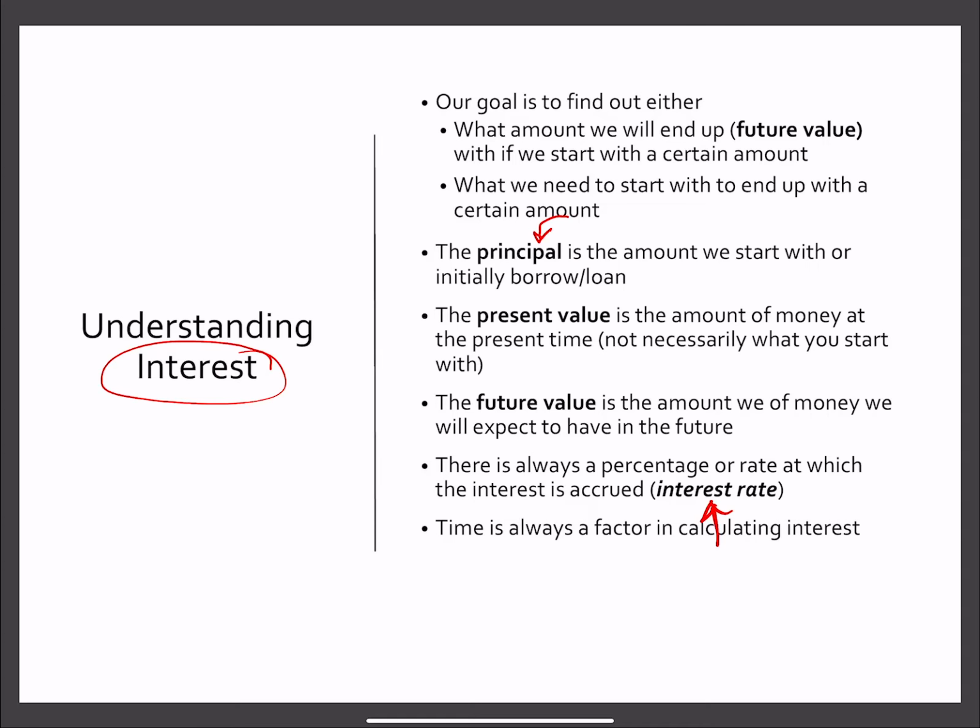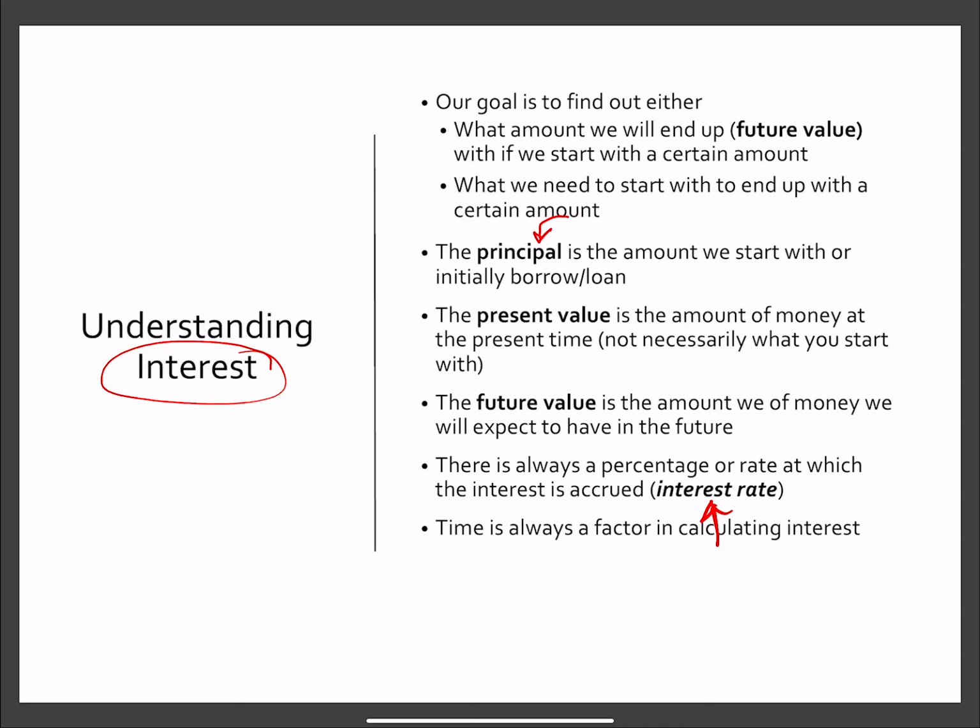And whenever you're dealing with money and interest, time is always going to be the most important factor. So if you're dealing with a savings plan, let's say you're trying to save for retirement, you've got your 401k or your 403b, whatever you have, time is going to be the biggest factor. The longer you have to put money into that account, the larger it will grow.